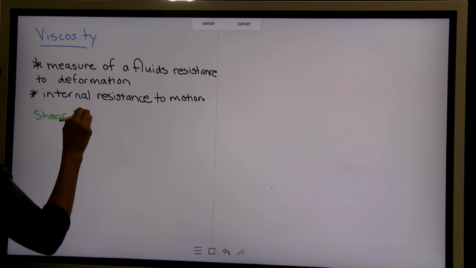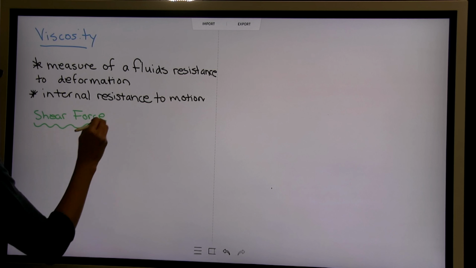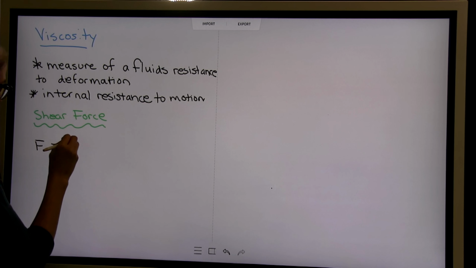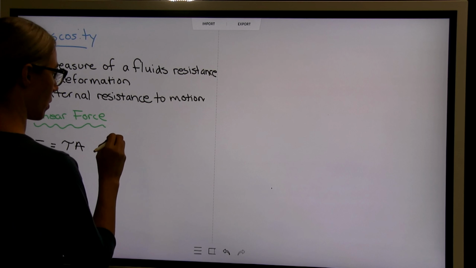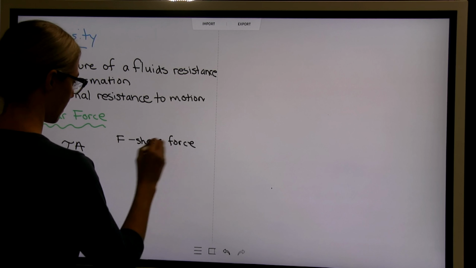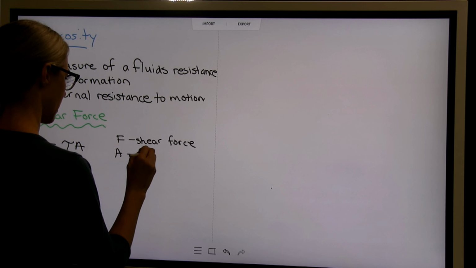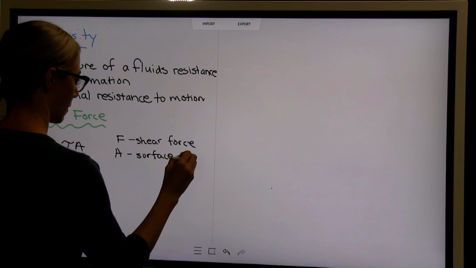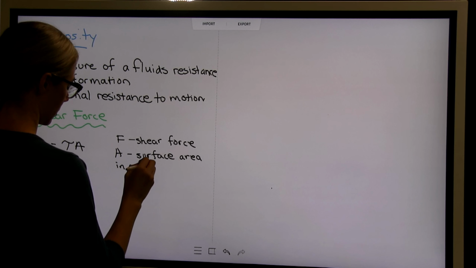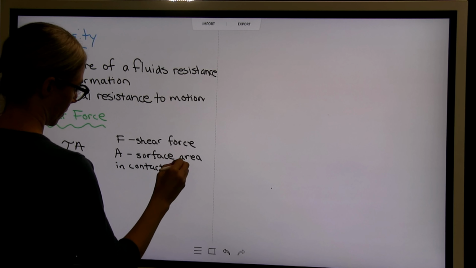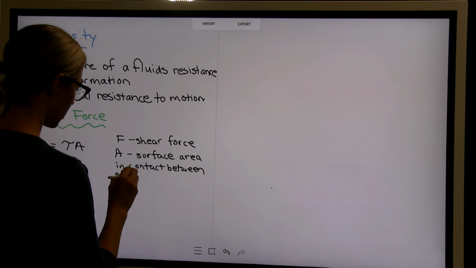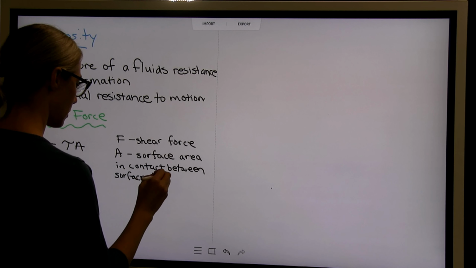And we can relate those drag forces to the shear force that's experienced by the bodies moving through the fluid. So shear force is defined by the calculation F is equal to tau times A, where F is our shear force, A is the surface area in contact between our surface or our object and the fluid.